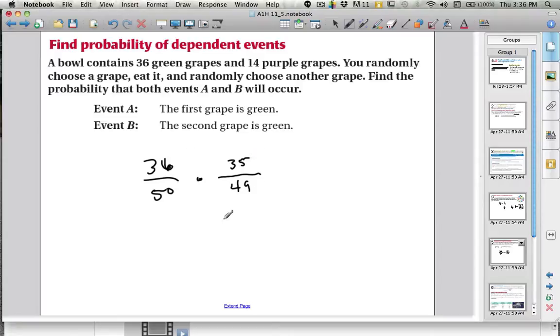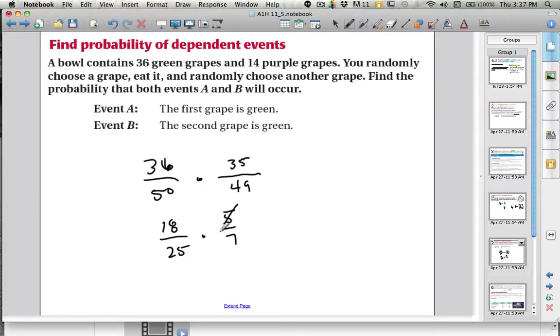So I'm going to simplify my fractions. If I divide that in half, this is going to be 18/25. And I can factor a 7 out of each of these, so this will be 5/7.